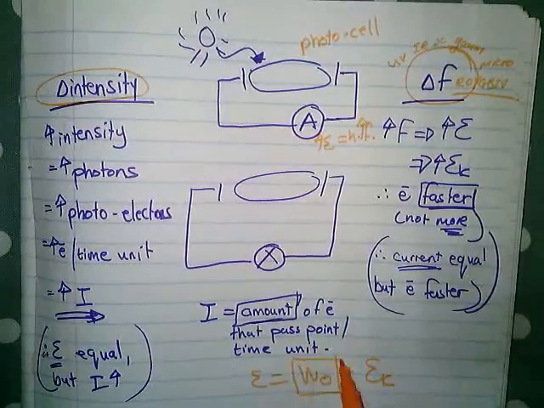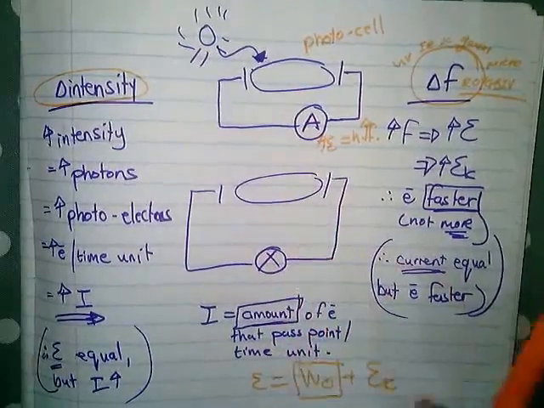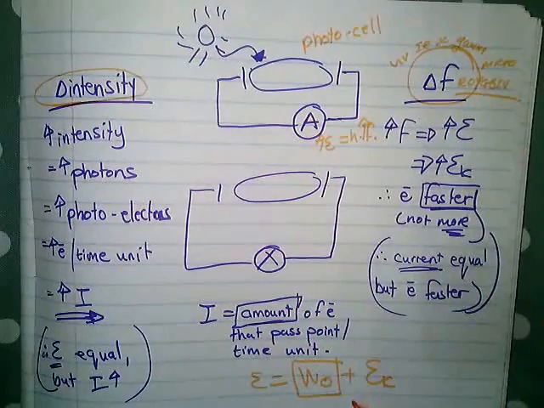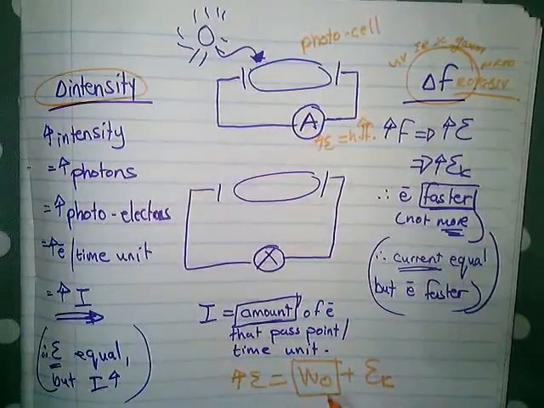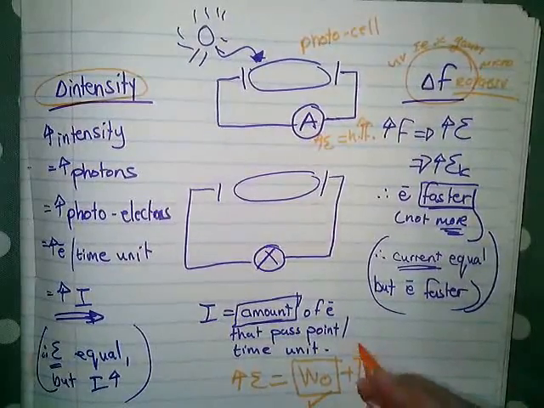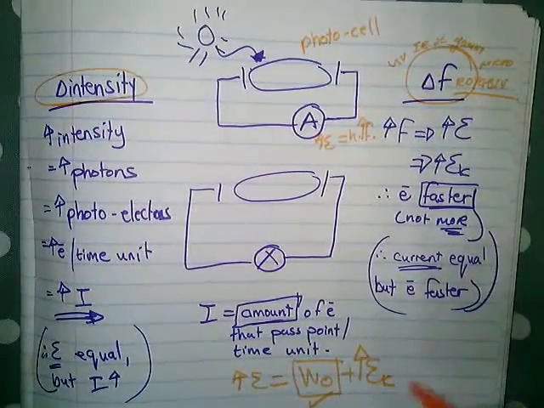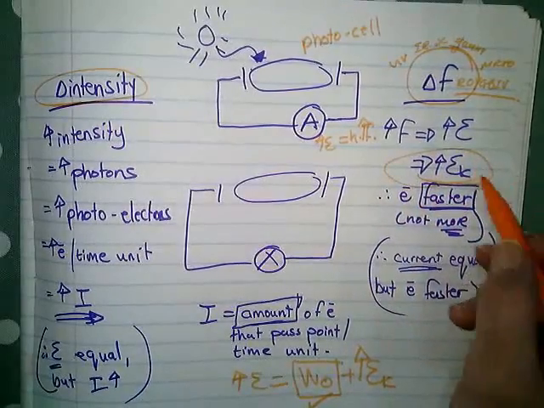So this stays constant. The metal doesn't change, so the work function stays the same. So it's going to use the same amount of energy for the work function, and more energy is left for the kinetic energy.